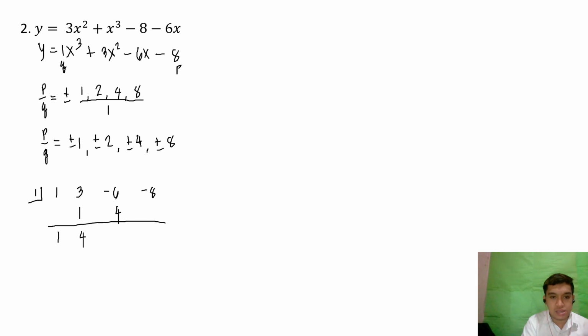Then negative 6 plus 4 is negative 2. And that is a negative 2. So, hindi siya 0 kasi negative 10 yung ating remainder. So, therefore, yung positive 1 ay hindi siya real root ng ating polynomial function. Kaya hindi siya magiging factor.